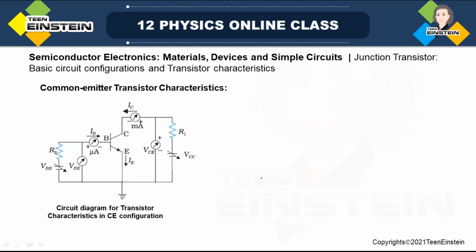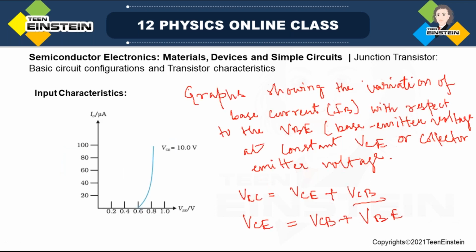I hope I could make you understand why VCE is equal to VCB plus VBE, because VCE is the total voltage across the CE junction, which can be written as the voltage drop across the CB junction and the BE junction. Now when VCE is increased, then VCB also will increase, which will affect the base current.